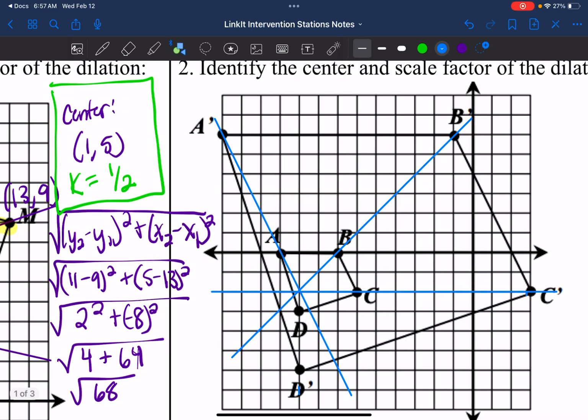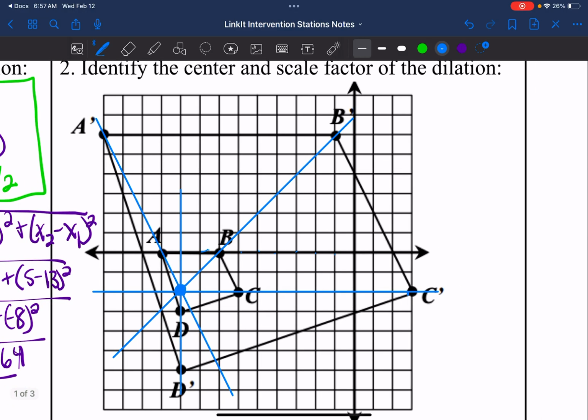And that does indeed seem to be where they converge. So it's this point right here, which is the point (-9, -2). So the center here is at (-9, -2).